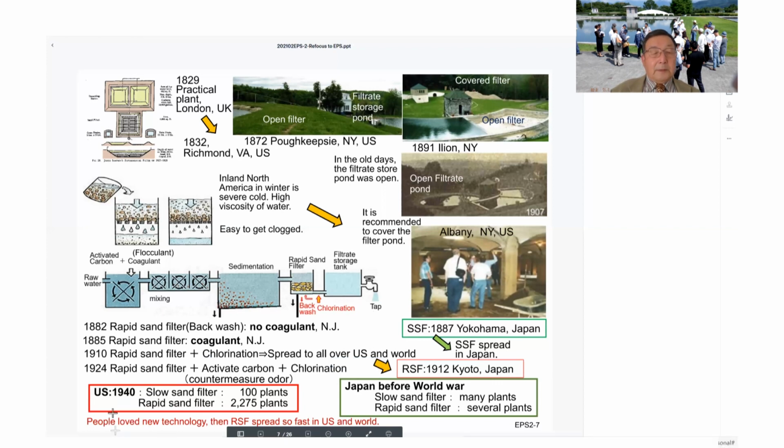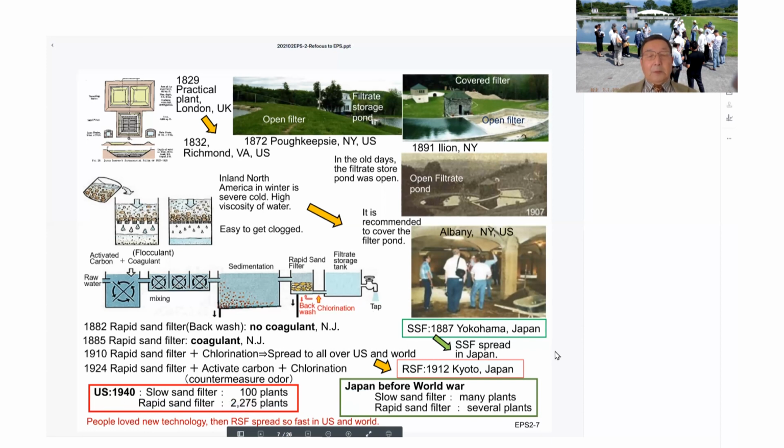So the statistics in 1940: at that time, in the United States slow sand filters were around 100, but rapid sand filters were more than 20 times that, 275. Therefore, when we say purification plant, it usually means rapid sand filter.